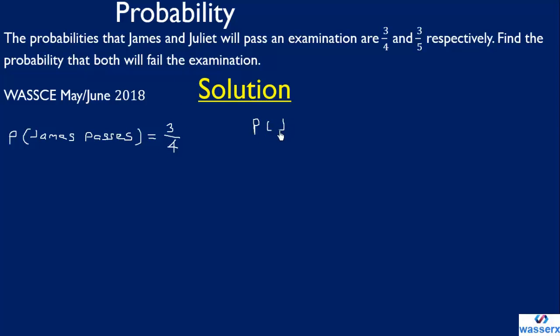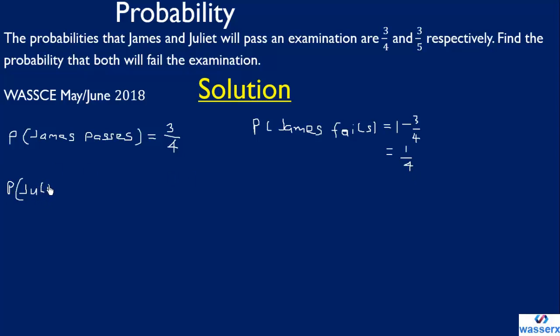So the complement, which is the probability that James fails, is 1 minus 3 over 4, and that is equal to 1 over 4.